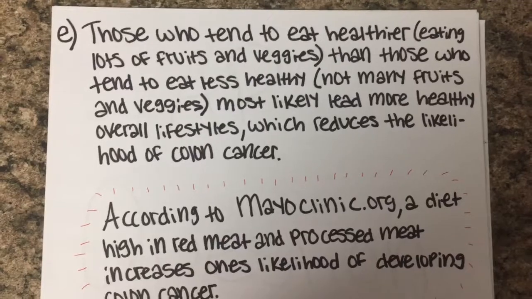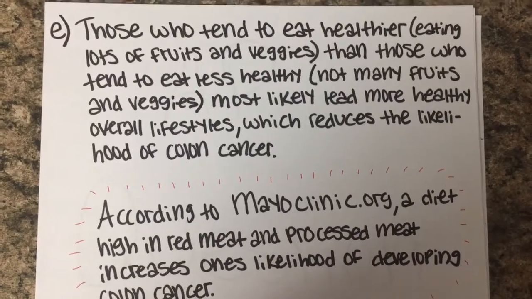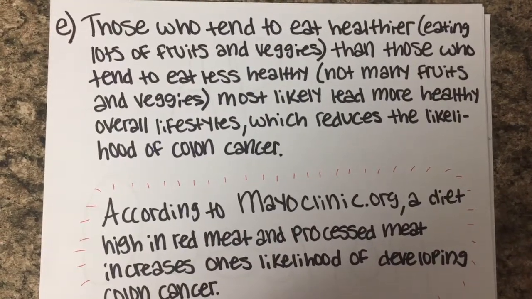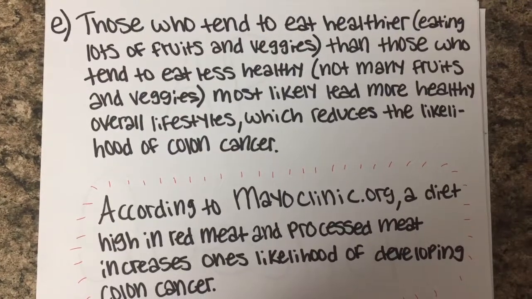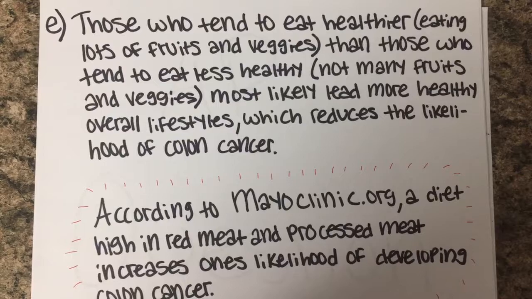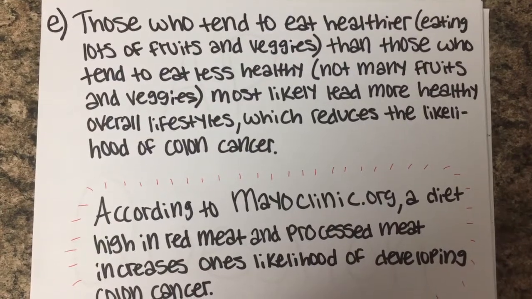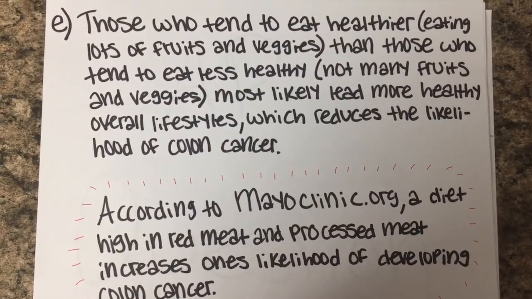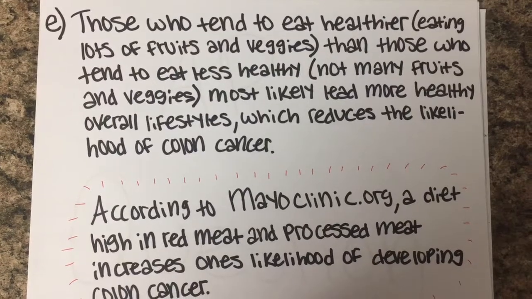The last part of the advanced question asks about lurking variables that could have changed the data in this experiment. And I said that those who tend to eat a healthier diet than those who tend to eat less healthy most likely lead a more healthy overall lifestyle.